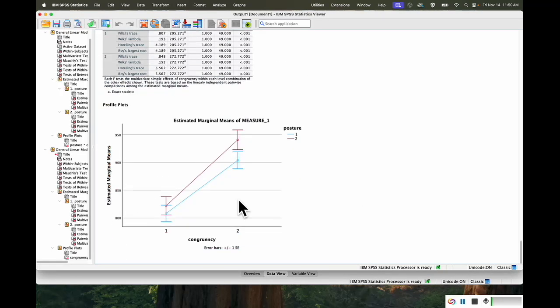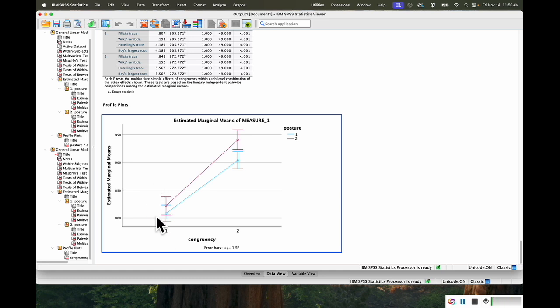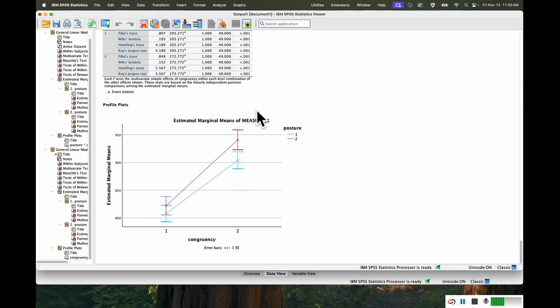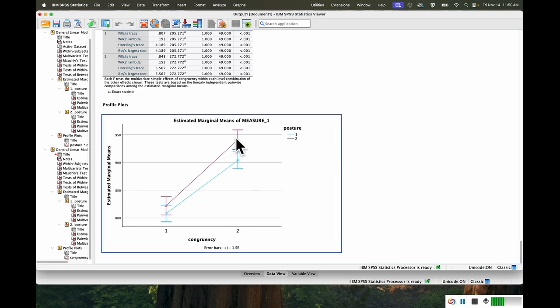And here, this shows more of a direct comparison with the incongruency, and you can see the differences within posture. You can also see how within congruent words, there really wasn't a difference between posture. It's the longer reaction times with sitting that are notable.